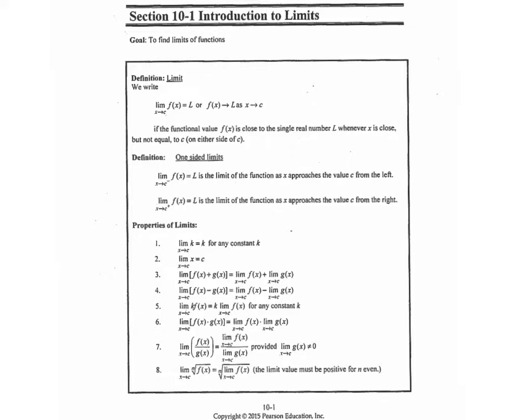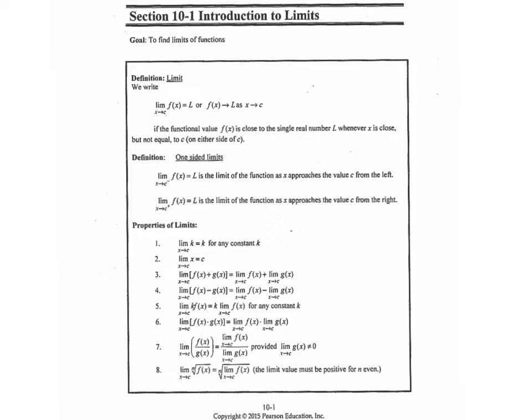Now, the properties, there's a couple of them we haven't really talked about, but they're very important, so I want to make sure that this makes sense to you. The K here on number 1 stands for a constant. It's just a number. So if I am looking for the limit as x approaches 1,000 for 2, basically what that's saying is my graph is y equals 2.